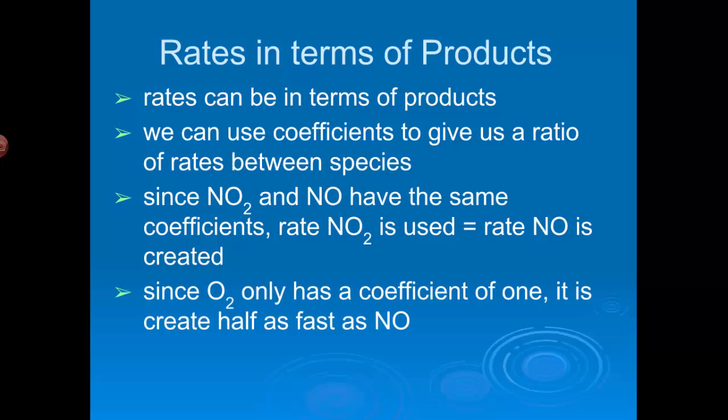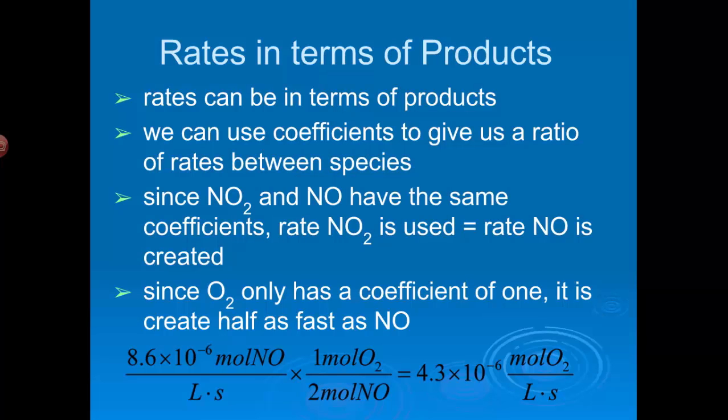But because oxygen has a coefficient of 1, that means that oxygen is created half as fast as NO, right? So we can represent that like this. If our rate of production of NO is 8.6 times 10 to the minus 6 moles per liter second, then we use the mole ratio, 1 mole of O2 to 2 moles of NO, and we get 4.3 times 10 to the minus 6 moles of O2 per liter second.